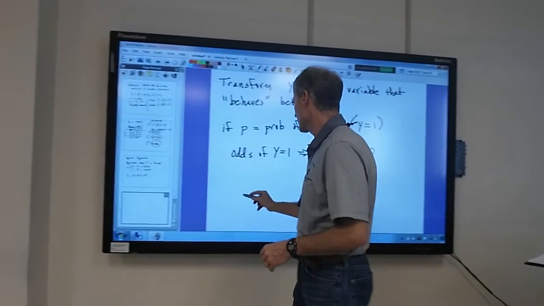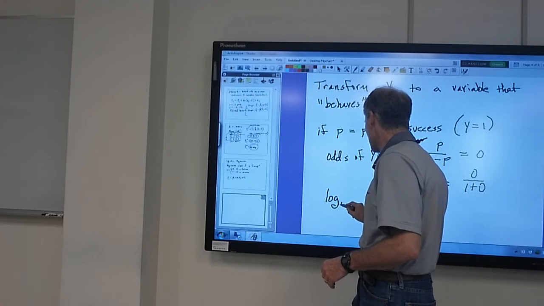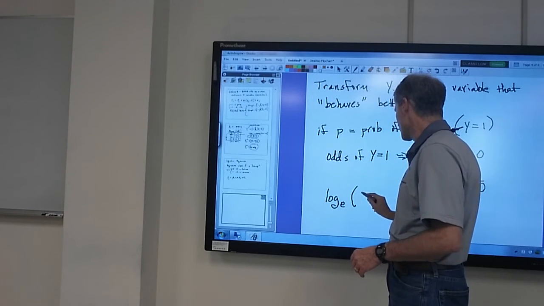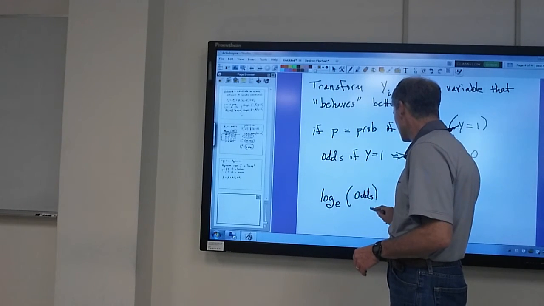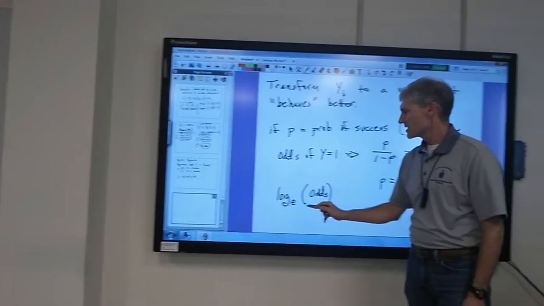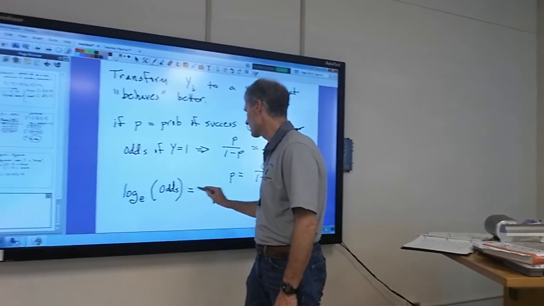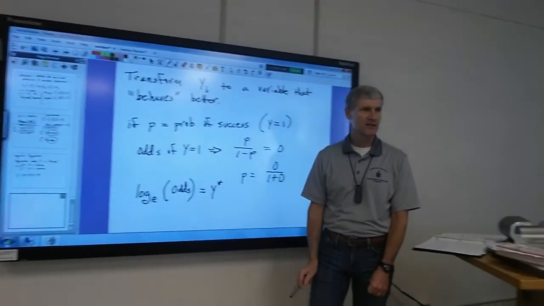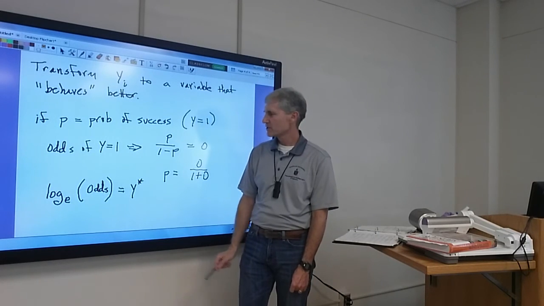So then we take the log, and it's log base e, so the natural log of the odds, and that is my new dependent variable, my transformed Y. Put a little asterisk by it to say it's the dependent variable, but it's a different one. So the log odds.